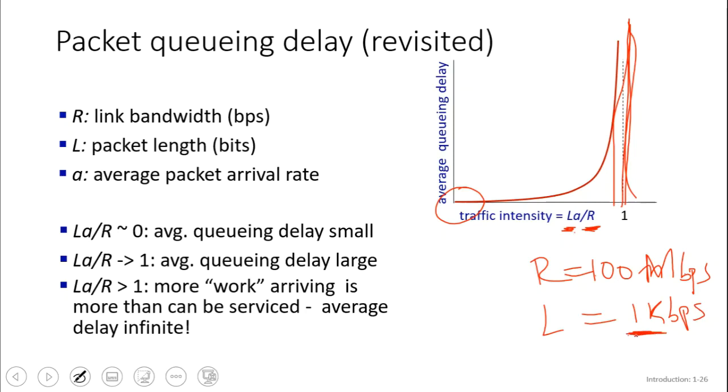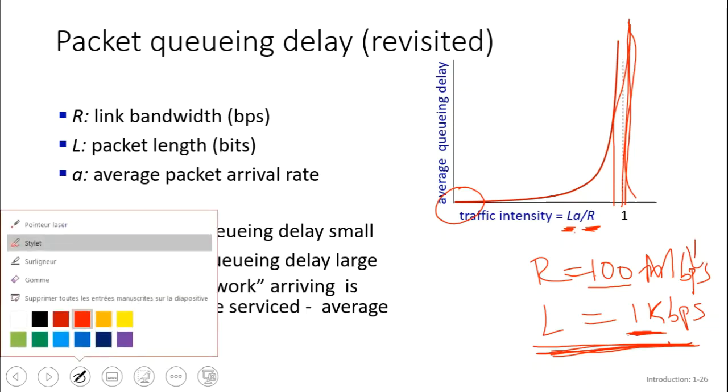This one is way smaller than the 100 megabits per second. So even if we have multiple packets of this size, it will always go faster. So there won't be any worries with that.